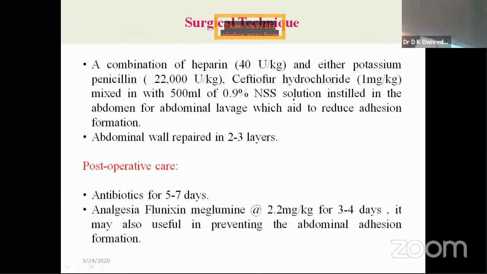Now, come to the post-operative care. In post-operative care, routinely you have to advise antibiotic therapy for 5 to 7 days. And then analgesics; commonly we are using meloxicam. But it is observed that if you use flunixin meglumine at the rate of 2.2 milligram per kg body weight for 3 to 4 days, this will also help in preventing abdominal adhesion formation.